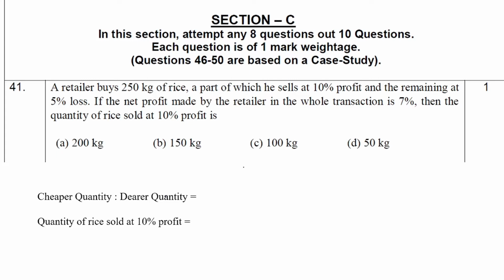So here from the information which is given here, C is equal to minus 5% because the cheaper rice he sells at 5% loss, and then the dearer rice means he sells at profit of 10%.